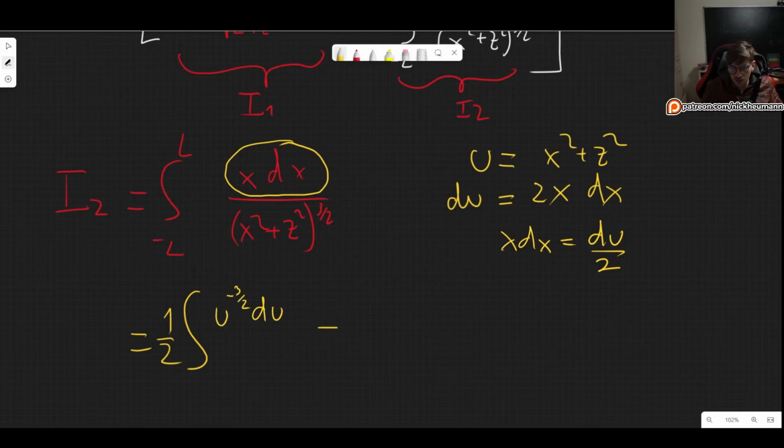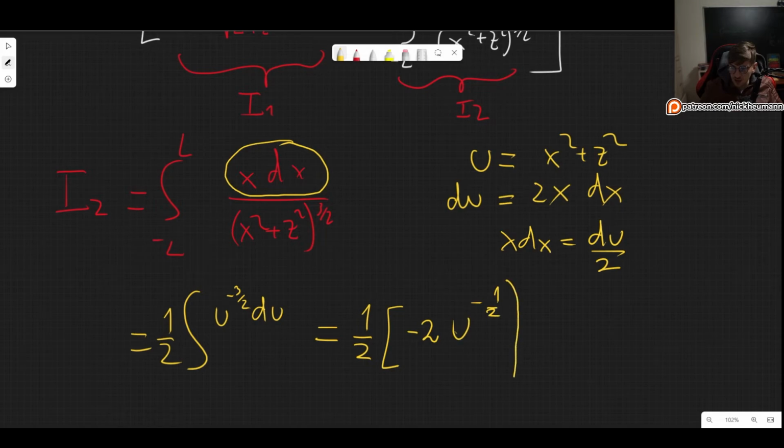And we know how to integrate that, right? That is simply a polynomial. So that is going to be minus, basically if you derived u to the minus 1/2, so we have to multiply by minus 2. And then you get u to the minus 1/2.